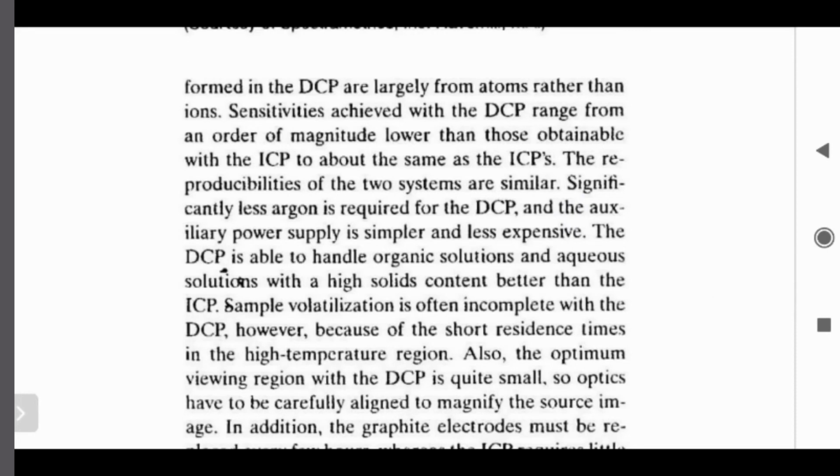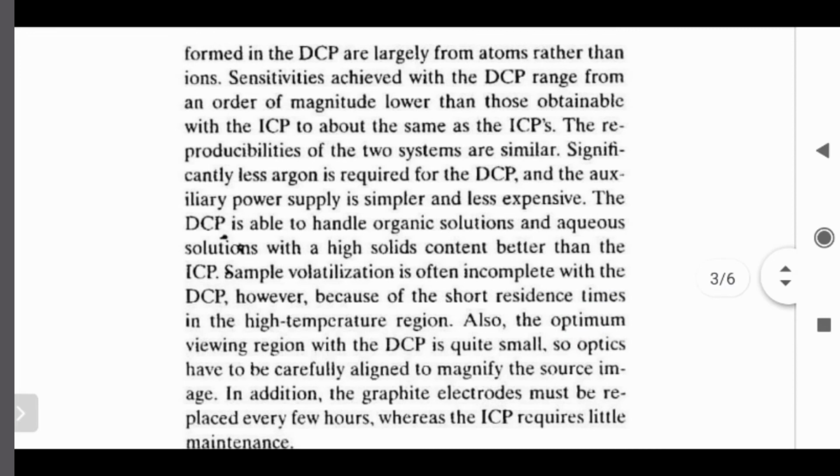There are fewer lines in the direct current plasma as compared with the ICP source. The sensitivity achieved by the DCP is an order of magnitude lower than that obtained with the ICP. So sensitivity is quite low compared with the ICP, but the accuracy for a particular element is quite high.